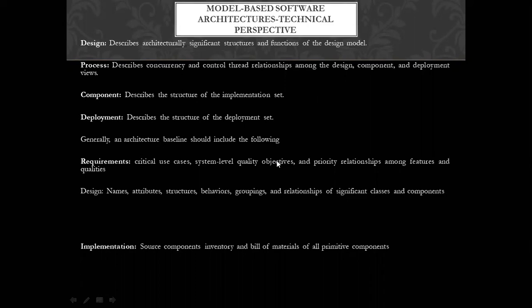Component view describes the significant elements of the implementation set, and in this one, component diagrams are to be made, utilizing any UML behavioral diagram.